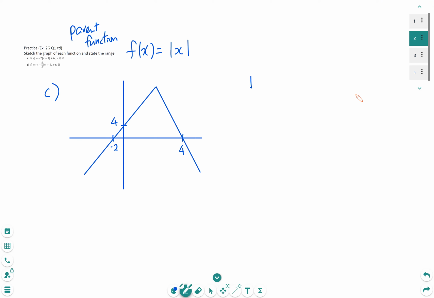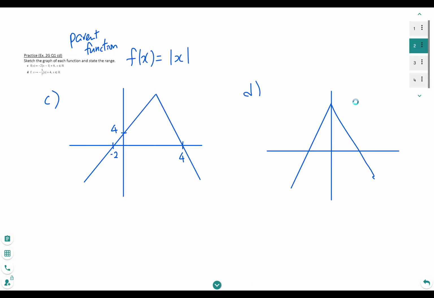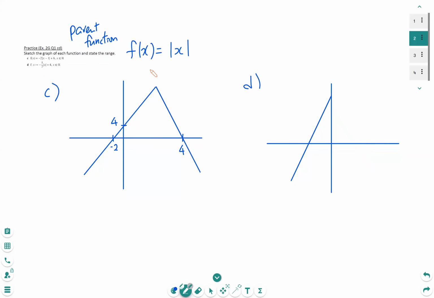Okay, and part D, the answer will look like this. So minus 1.6, or 8 over 5. That would be 4. Okay. Right. So let's move on.